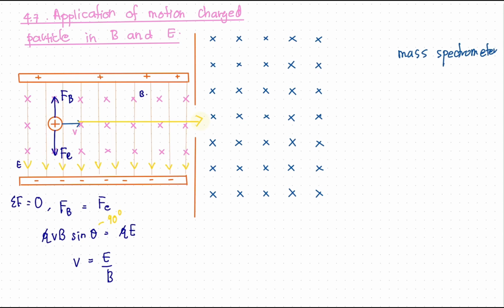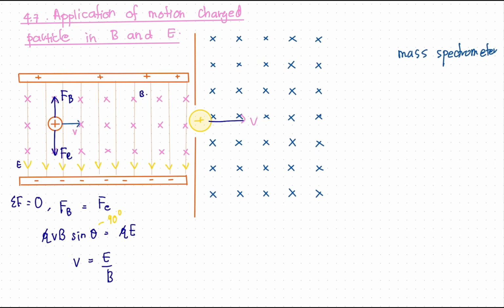So what is going to happen in the spectrometer? Say this is a positive charge. Its velocity is to the right, so in what direction is the force? We use the right hand palm rule.